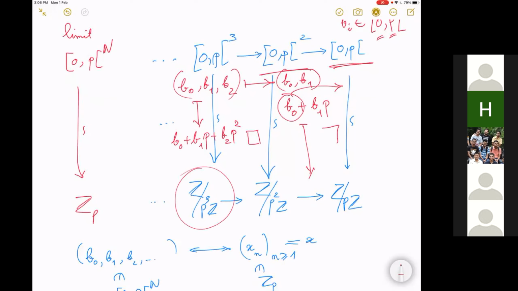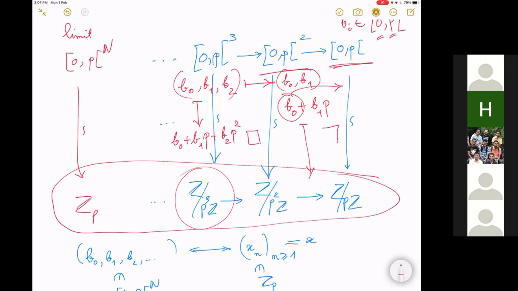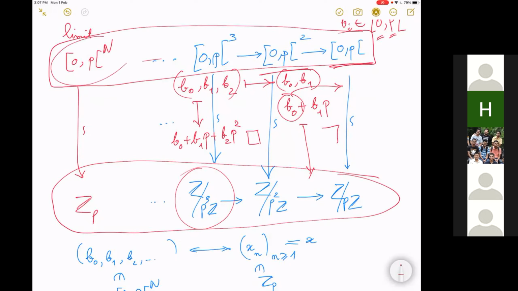So what I've got here is the inverse system defining ZP at the bottom, and this other inverse system, which is just an inverse system of sets. The inverse limit of this inverse system of sets is, of course, this object here. So in the limit, I get a bijection of these p-adic expansions with the set of p-adic integers.